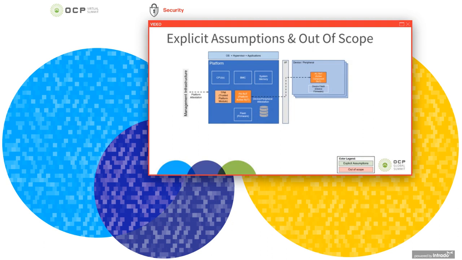Let's talk about the areas we didn't dive into too deeply, or made assumptions about, or decided to put out of scope. So I'll start with the explicit assumptions. These are things that we are basically expecting to be there. We're not specifying how to do them, but we're making assumptions that they will be implemented.